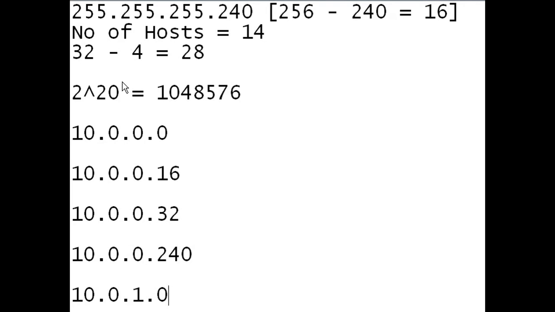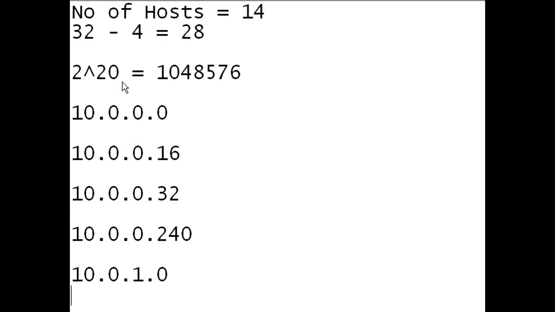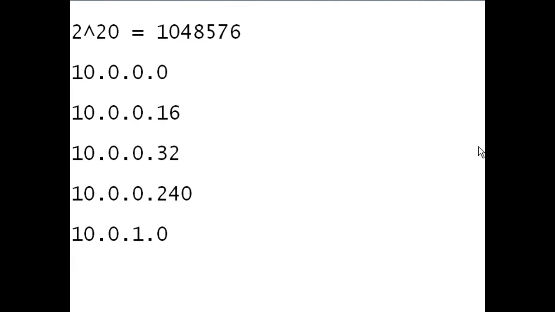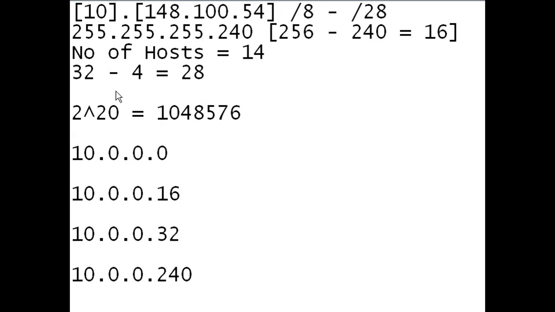Let's go very near to this network, this particular series, 10.148.100.0. These are the subnetworks in this series: 10.148.100.0, 10.148.100.16, 10.148.100.32.